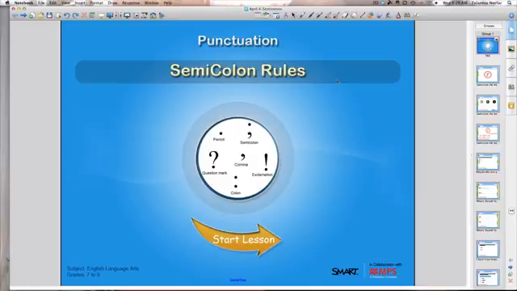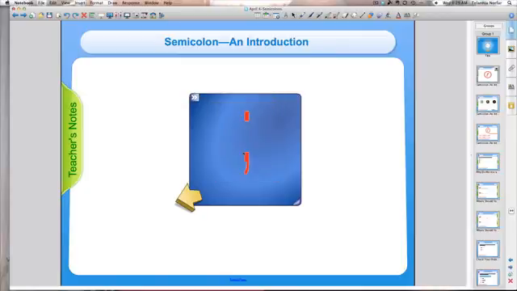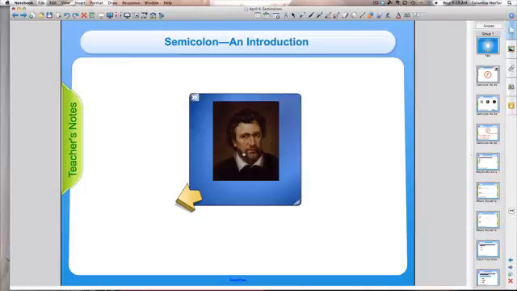Okay, now let's get started with semicolons. What do these images have in common? Again, talk with your neighbor, pause the video as you talk, and make a guess of how these images are related.